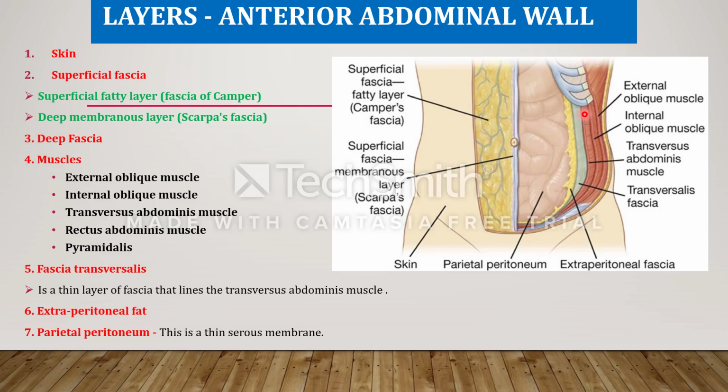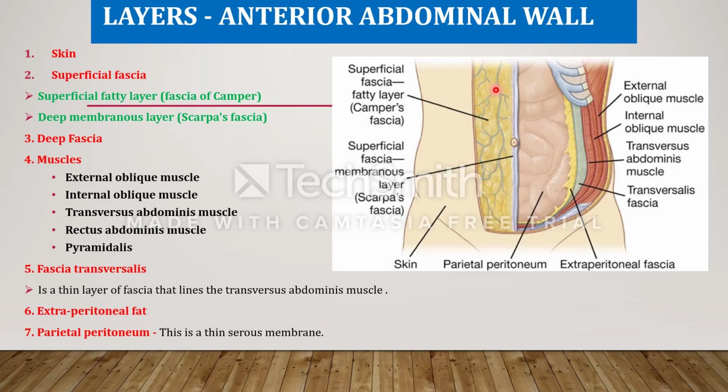Below the transversus abdominis muscle, there is one transversalis fascia. This is the transversalis fascia. And below it, there is the extraperitoneal fat. And when we remove the extraperitoneal fat, we can see the parietal peritoneum. So these are all layers of the anterior abdominal wall from superficial to deep.